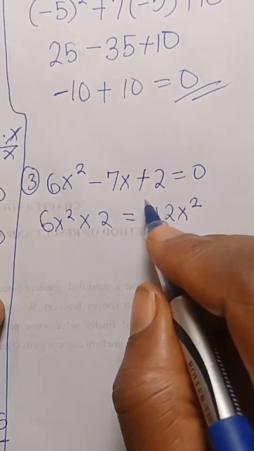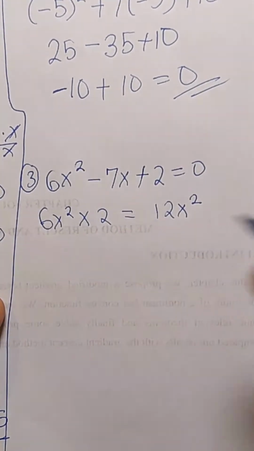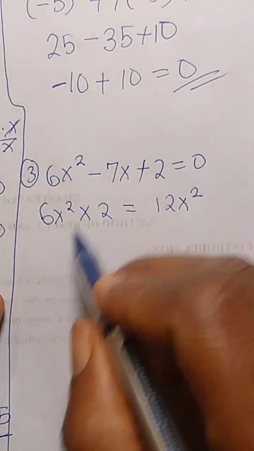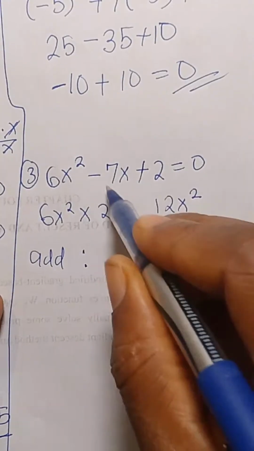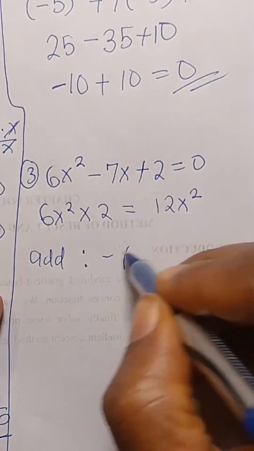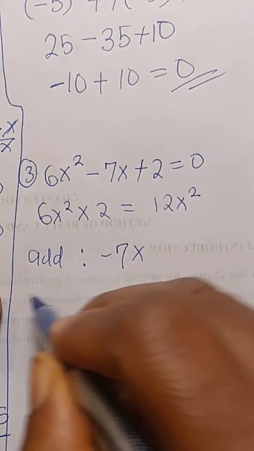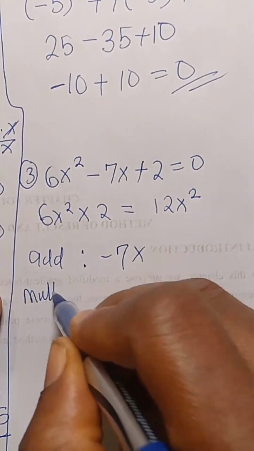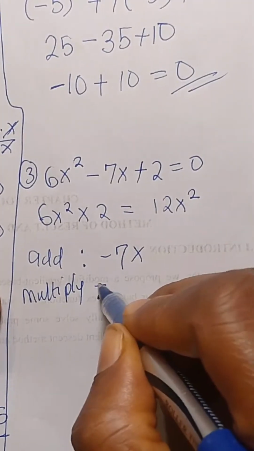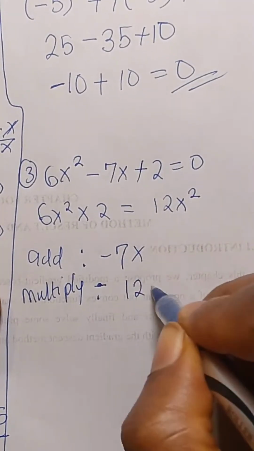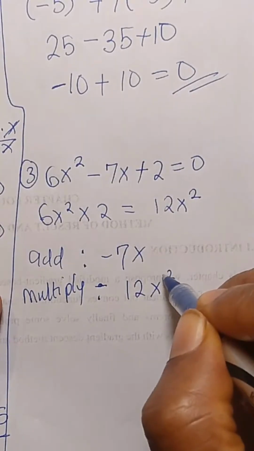Now, in this particular question, when we are factorizing, we are looking for two numbers. When we add them, we are going to get minus 7x. But when we multiply them, we should get 12x squared. All right, that is how you solve it.